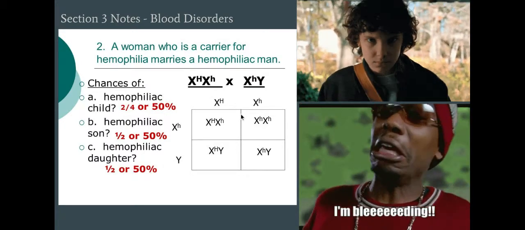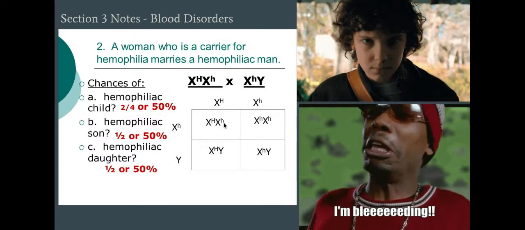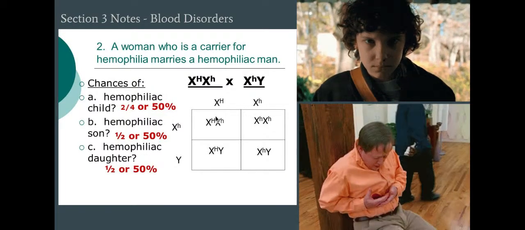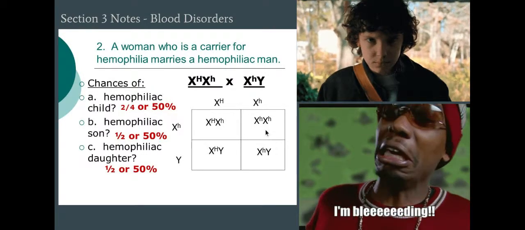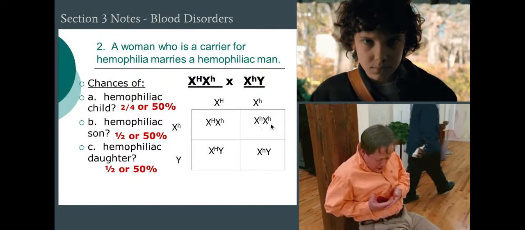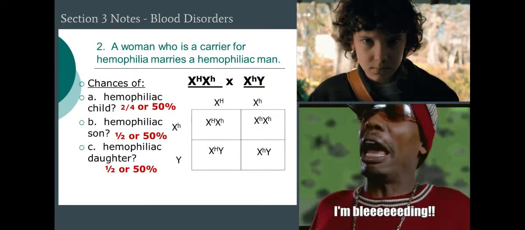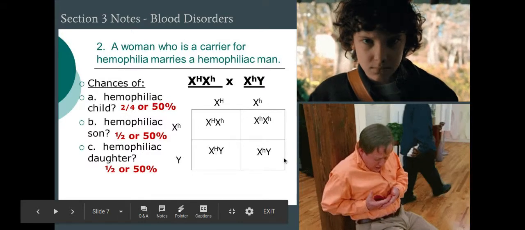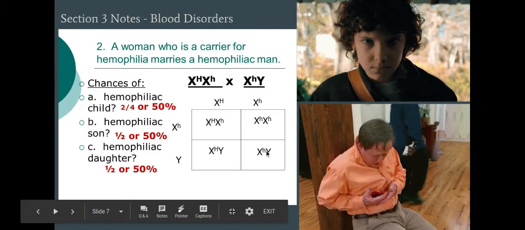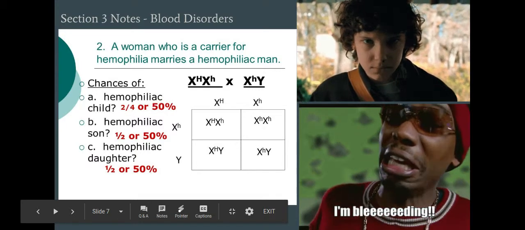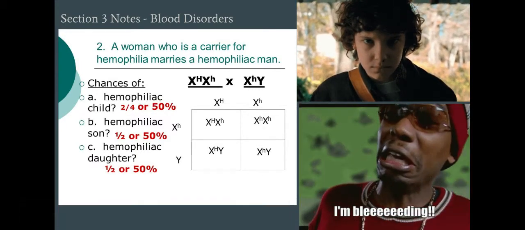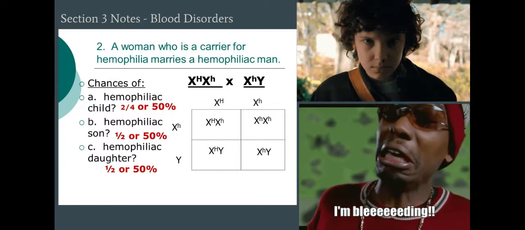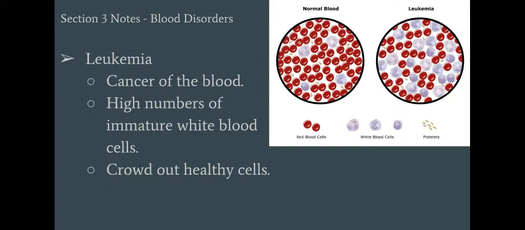So X capital H, X lowercase h is a female carrier who doesn't show symptoms. 2 X's with 2 lowercase h's means you have it. And then X capital H Y, right down here, is a male who doesn't. And then X lowercase h Y is a male that does have it. I'll post a how-to video on how to do those, because that's what you're going to be working on today.